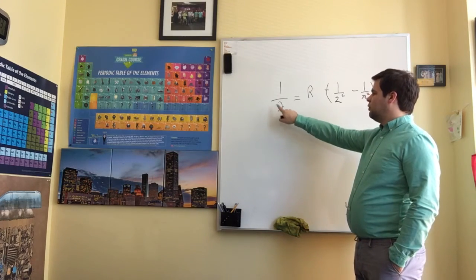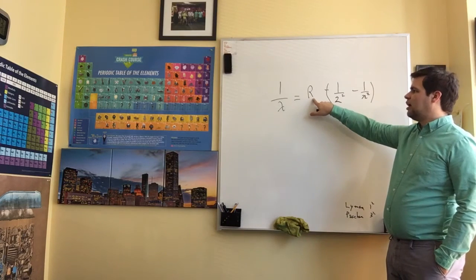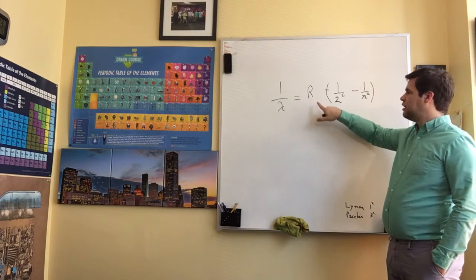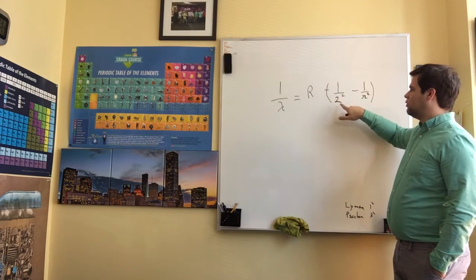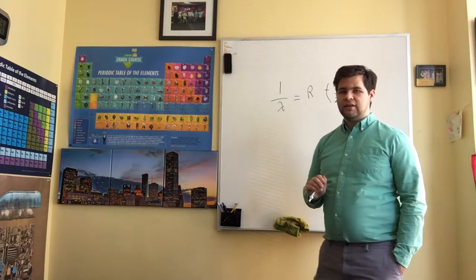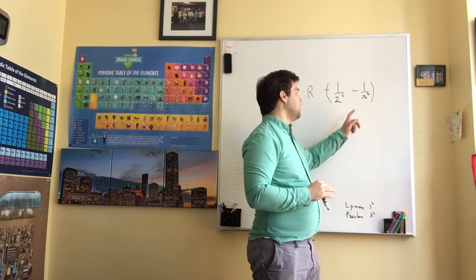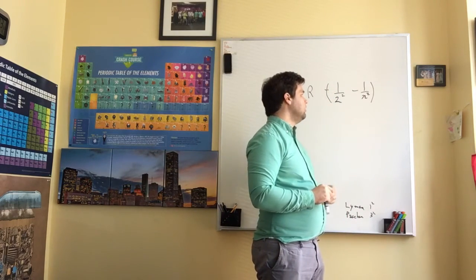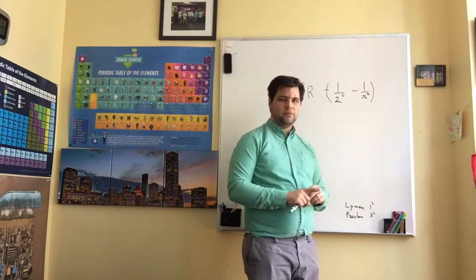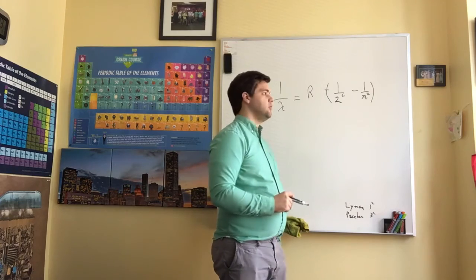So it's 1 over lambda, that's the wavelength, is equal to some constant, we'll just call it R for now, times 1 over 2 squared minus 1 over n squared. This idea was a little bit odd, but it accurately reproduced all the lines to very good accuracy.